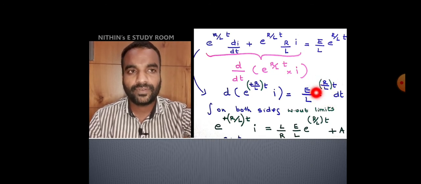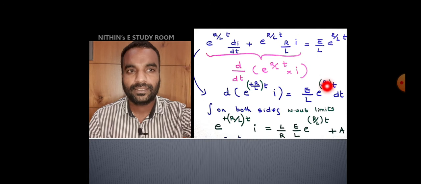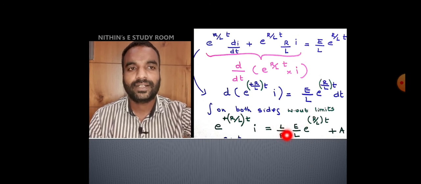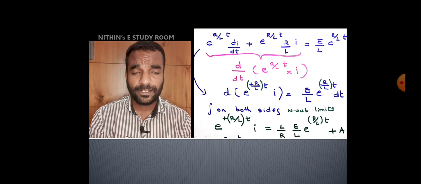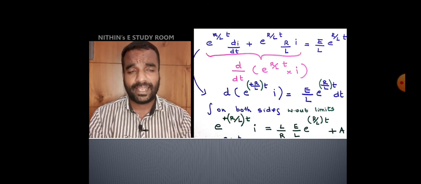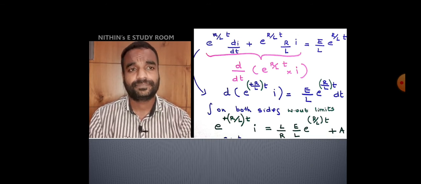Then you have to divide the whole term by R by L. So, as it is dividing, it will become L by R. So, L by R into E by L e raised to plus R by L t plus A. A is the constant of integration.